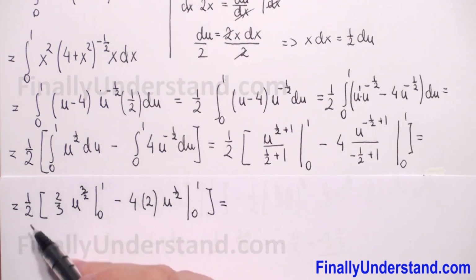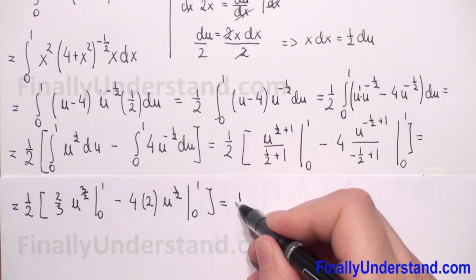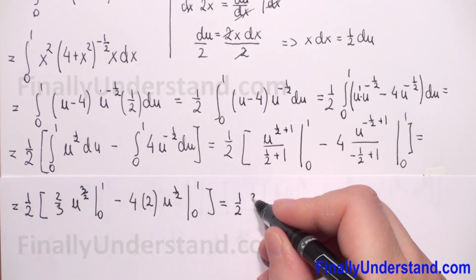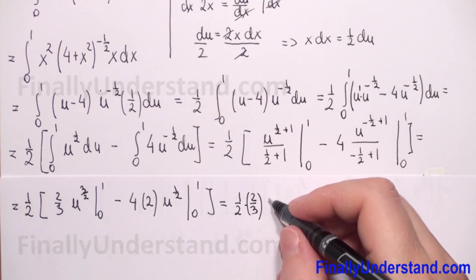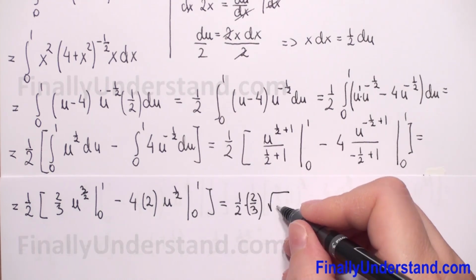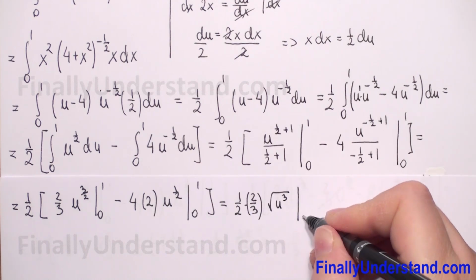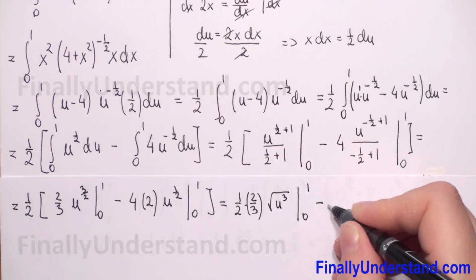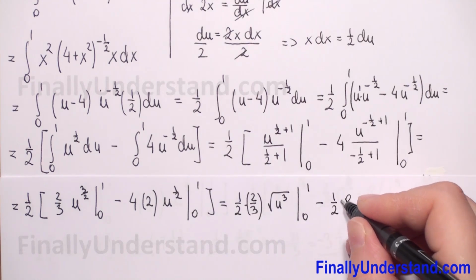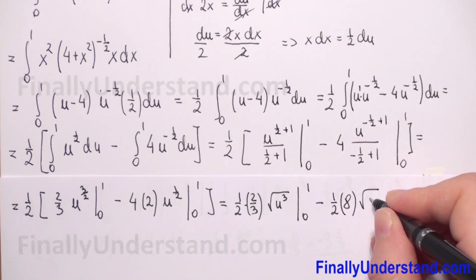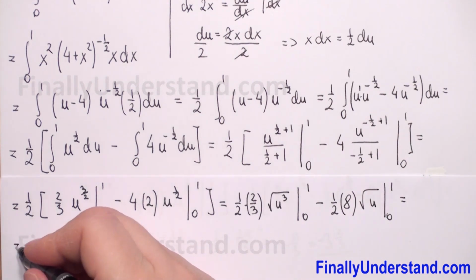So this is equal. Now we can multiply by 1/2, so we will have 1/2 times 2 over 3, and we have the square root of u to the third power with limits from 0 to 1, minus 1/2 times 8 square root of u with limits from 0 to 1. This is equal.